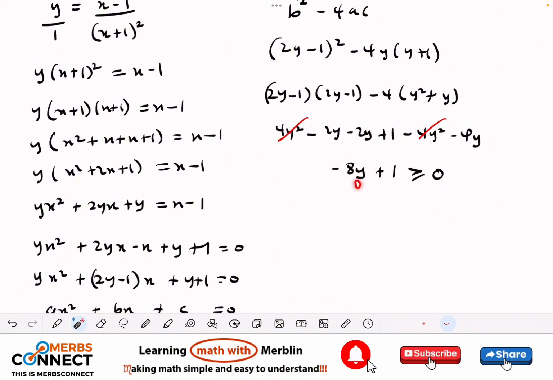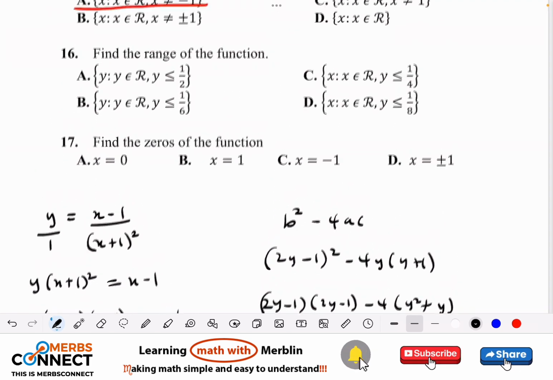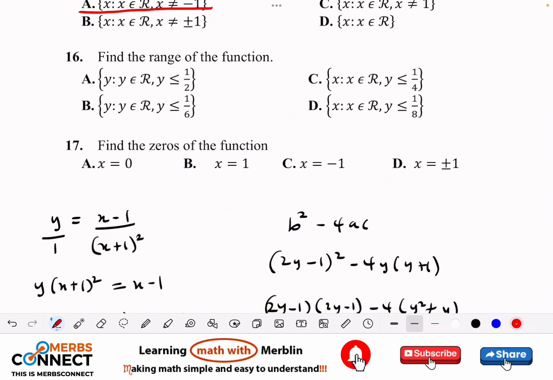When y is minus, this one will tend to be positive. So this one should be greater than 0. So I'm going to have something like minus 8y is greater than or equal to minus 1. Divide through by minus 8. And y will be, since we are dividing through by a minus, the sign changes now to less than or equal to 1 over 8. Good. So this will be the result for the function.